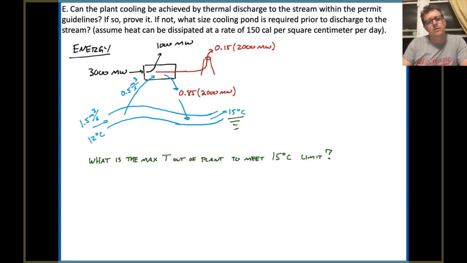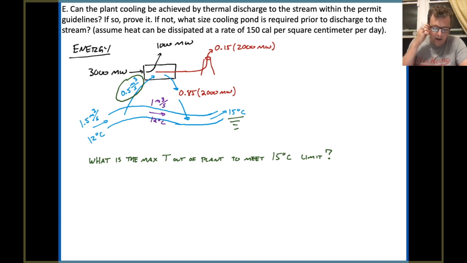And I'm going to assume for the moment that the plant really does withdraw this 0.5 cubic meter per second. It's not stated that they must withdraw the full amount of water, but I want to start there as our working assumption, and we may loop back and have to fix that later. But for now, let's assume they're taking their maximum withdrawal and they're getting that water as hot as possible before they return it to the stream. Or as hot as permitted, I should say.